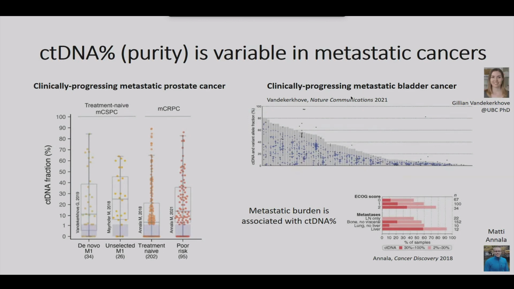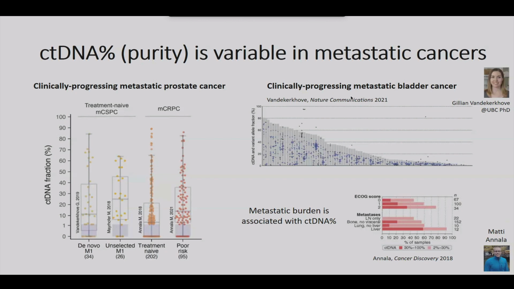Previously, I've just been talking about presence-absence, and now I'm showing you, across 4 different cohorts, 3 profiled by my group and 1 by an external group, the fraction of ctDNA in the blood, the proportion of your total cell-free DNA that's tumor-derived. These are 4 different metastatic prostate cancer cohorts, and you can see this big range from 0 to something like 90% in some patients. 90% of their blood DNA is tumor-derived.